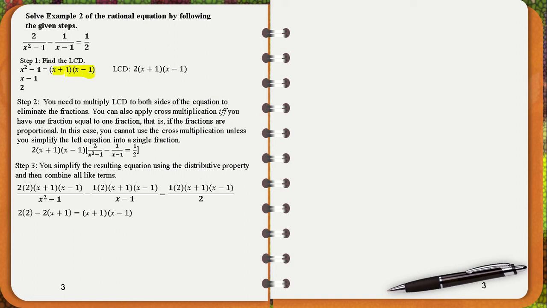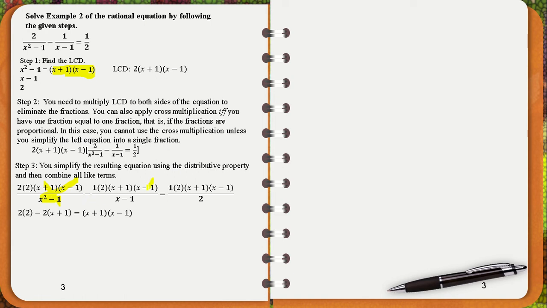So, ibig sabihin, pwede nating i-cancel yung x plus 1 at x minus 1, kasi itong x squared minus 1 ay equivalent dun sa x plus 1 and x minus 1. So, ang matitira lang dito sa first fraction natin ay 2 times 2. Yun lang po. Okay, minus.